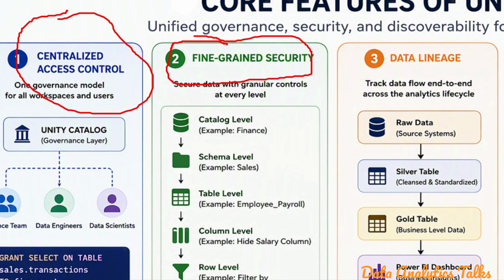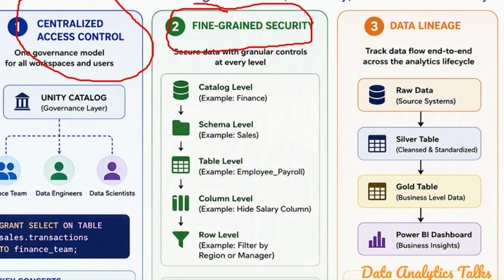Then we have schemas within the catalog. It could be sales, it could be HR, it could be marketing. Below that, we have tables, could be employee payroll, payment, procurement. It could be many tables under the schema.